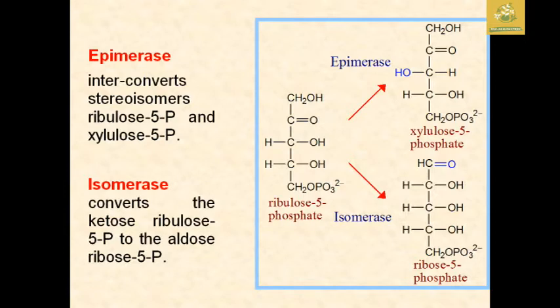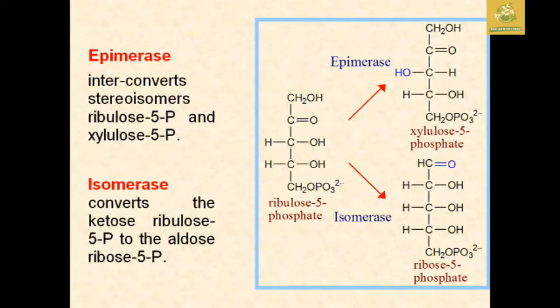In this process, we are going to see about epimerase and isomerase. Ribulose 5 phosphate shows these two properties, where the stereoisomers interconvert, like ribulose 5 phosphate and xylulose 5 phosphate, which is known as epimerase.